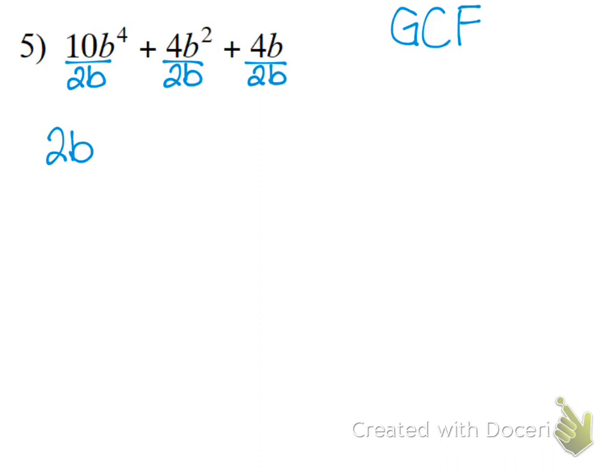So when I do that, I'm going to be left with still 3 terms. 10 divided by 2 is 5, and I'm left with 3 b's. 4 divided by 2 is 2, and I'm left with 1 b. 4 divided by 2 is just 2. b divided by b just goes away. So in this case, I'm just left with 2b times 5b cubed plus 2b plus 2.